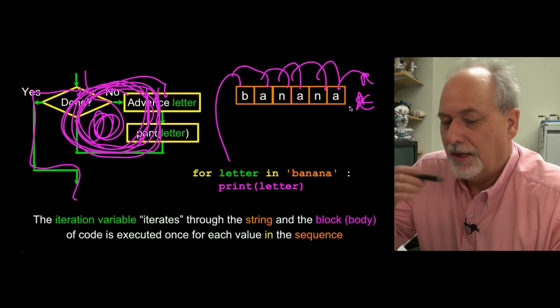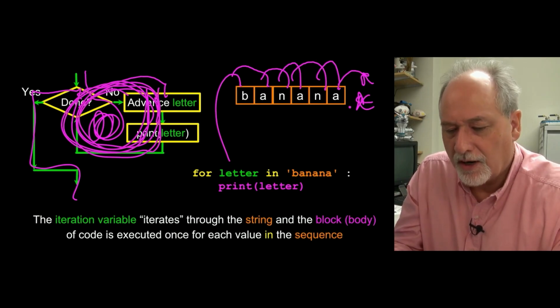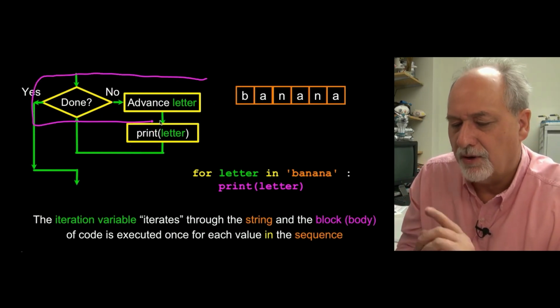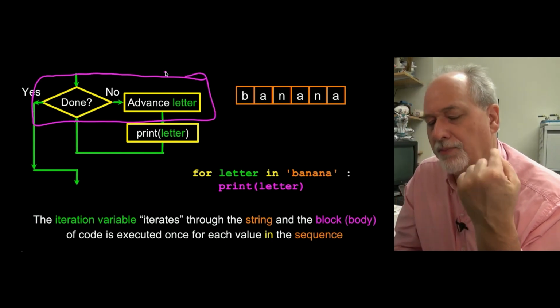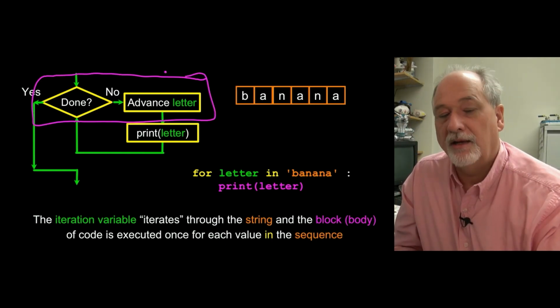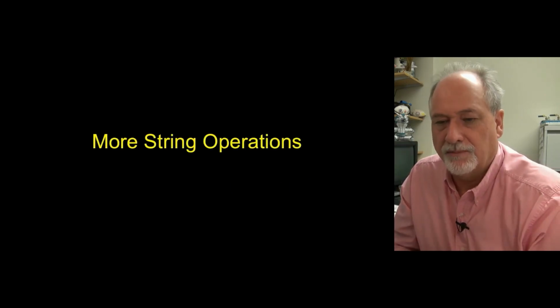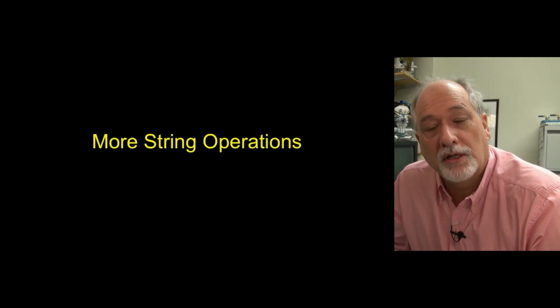We ran out of letters. So you can think of the for as magically doing all of this for you, both deciding how long to run the loop and moving down the successive letters in the loop. Up next, we'll talk a little bit about additional things that we can do with strings.